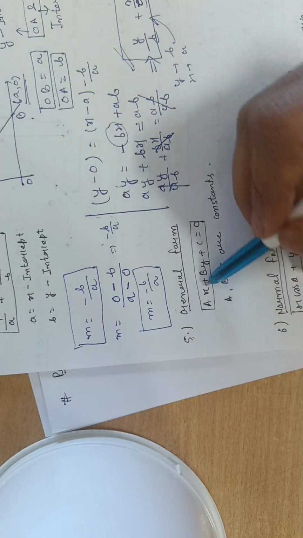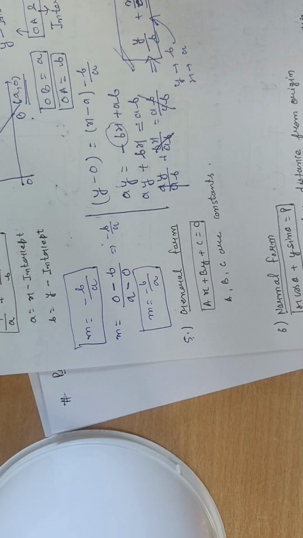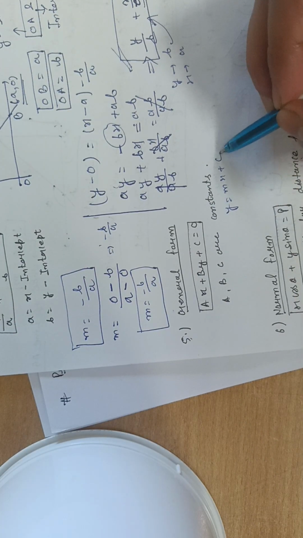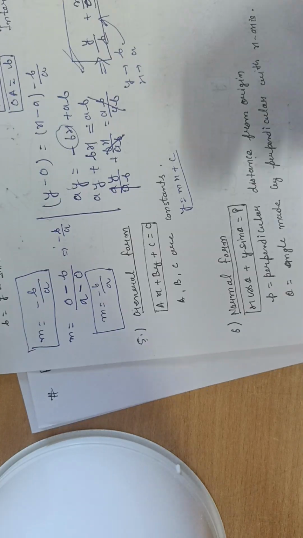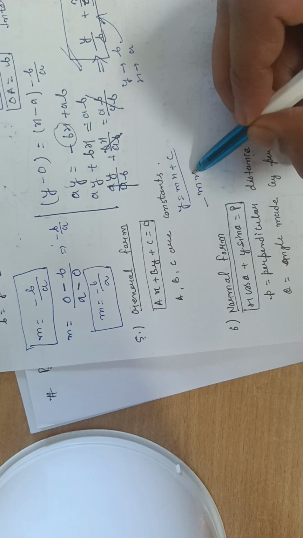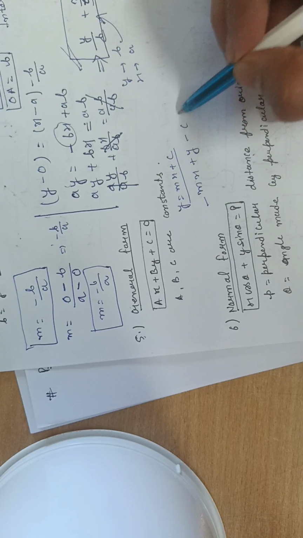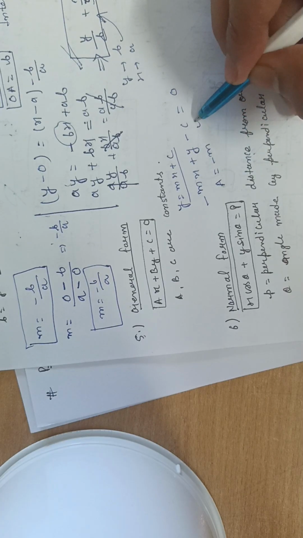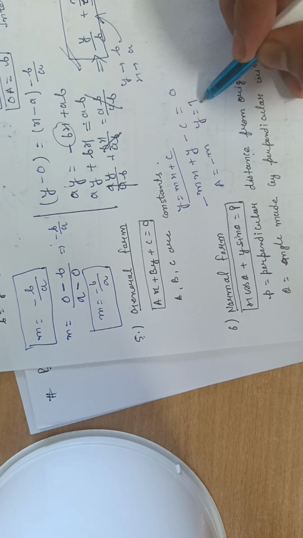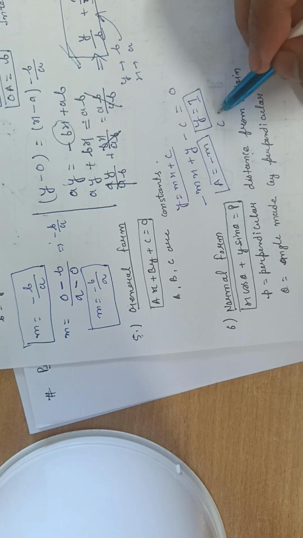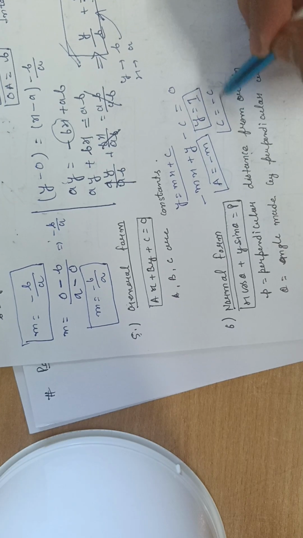Now this is the general form, and suppose that this is our slope form. This form can also be converted into the general form like that: minus m x, plus y, equals c. Here the capital A value is minus m, B equals 1, and C equals minus c, like that.